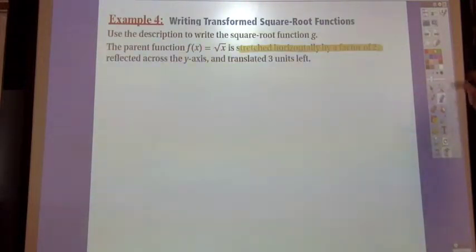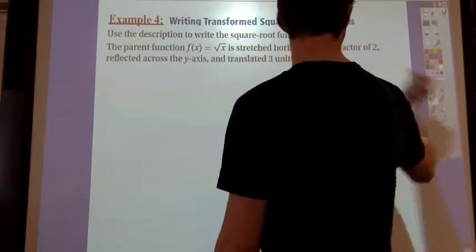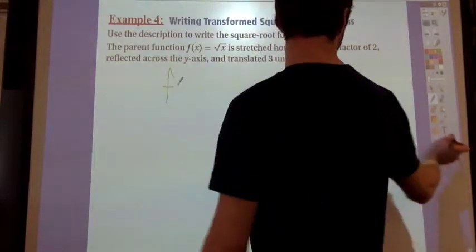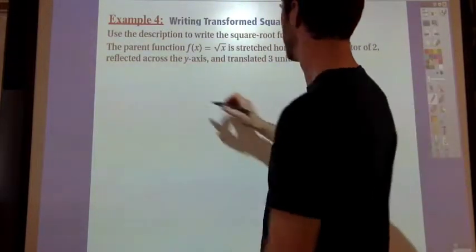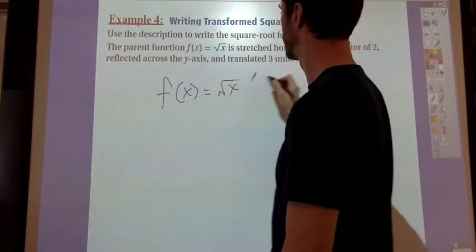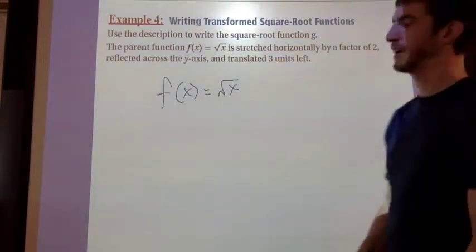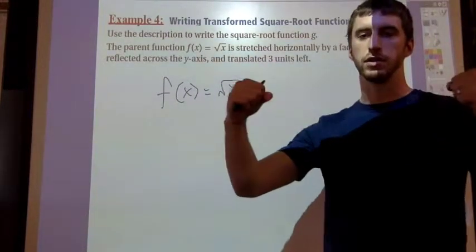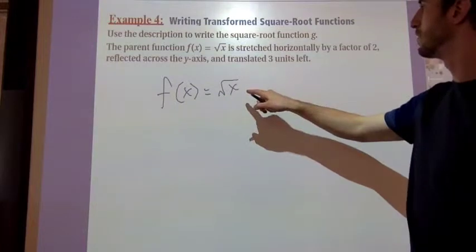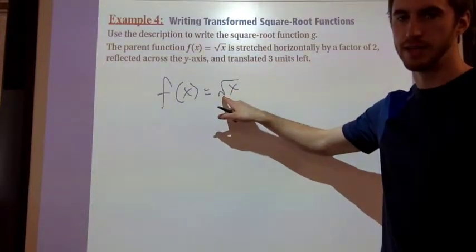Here we go. Okay. So we start off with the square root of x, and it wants to stretch it horizontally by a factor of 2. So if we're stretching it horizontally, we have to put a coefficient inside the radical right up with the x.